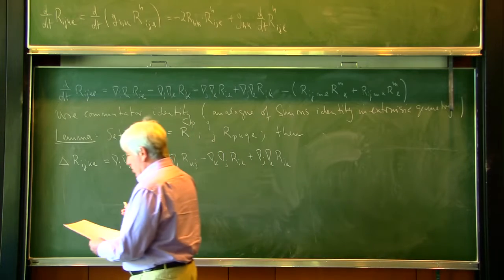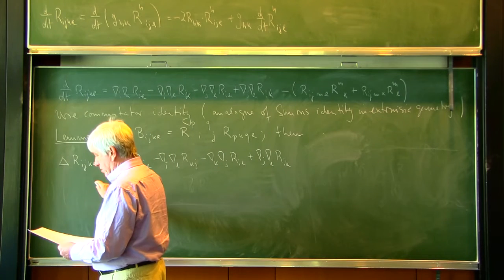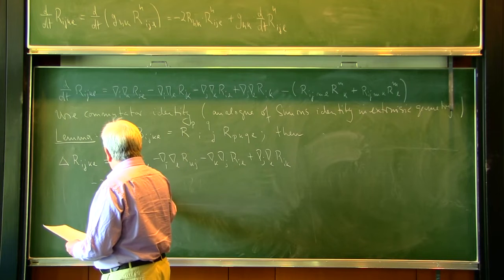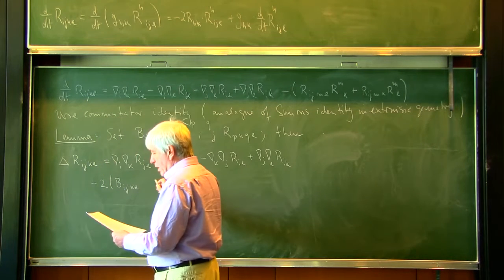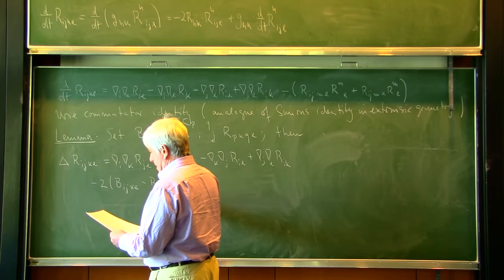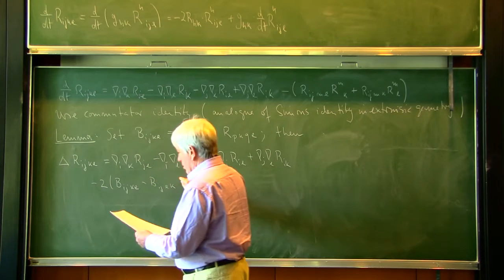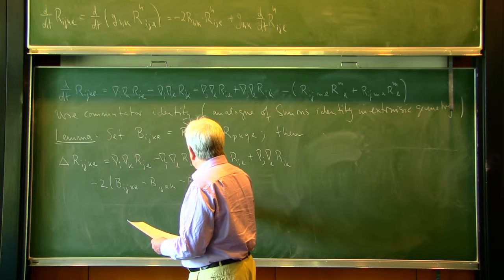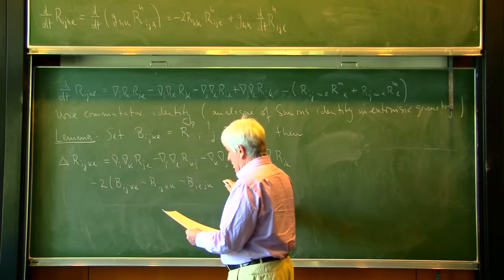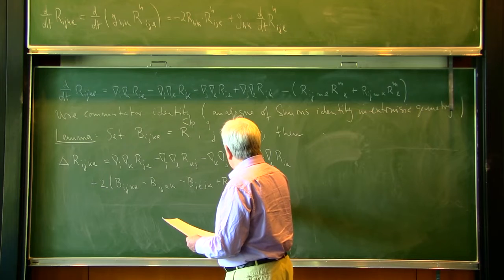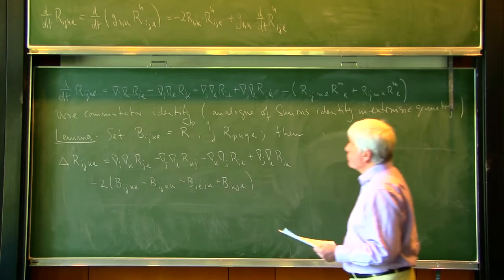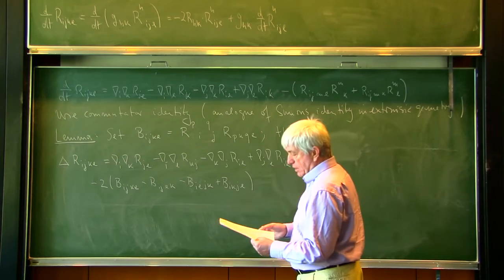And the commutator curvature terms that arise from this are minus 2 times B_{IJKL} minus B_{IJLK} minus B_{ILJK} plus B_{IKJL}. So these are 4 quadratic terms in the curvature.